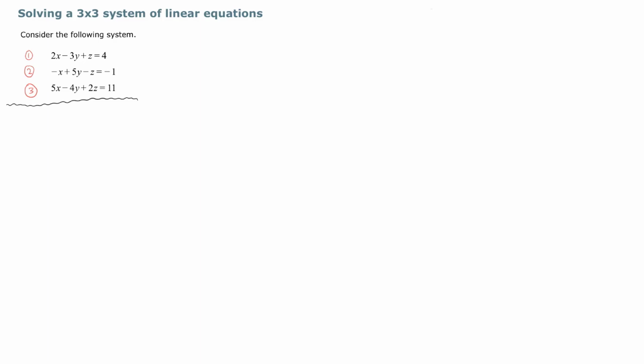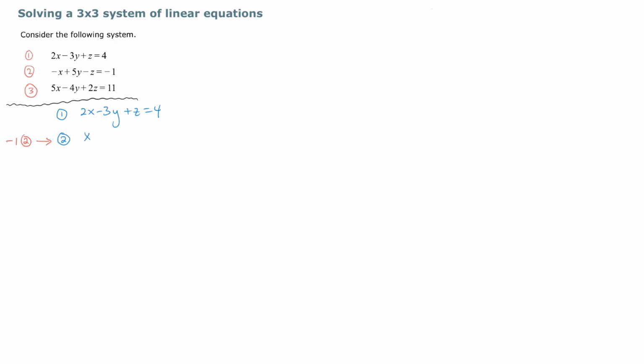I'm actually going to take equation 2 and multiply it by negative 1. So I'm going to keep equation 1, which is 2x minus 3y plus z is equal to 4. I am going to multiply equation 2 by negative 1. That means I'm going to multiply both sides of equation 2 by negative 1. And we're going to store this as the new equation 2.